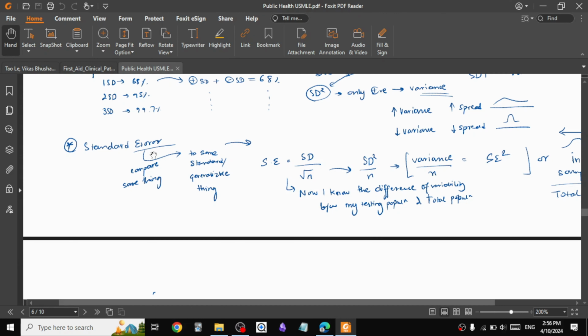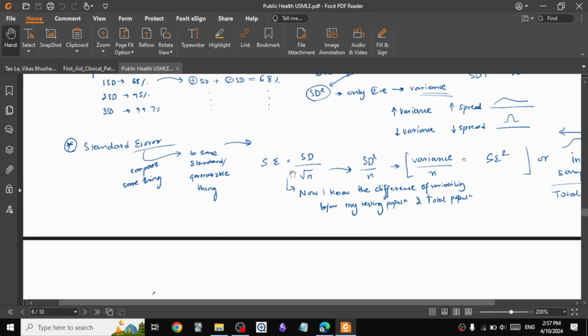And why is it called error? Because we are comparing our lab-found data to the standardized, population, generalizable data. Wherever you see this error thing, we're trying to take something and compare it to a standardized value.